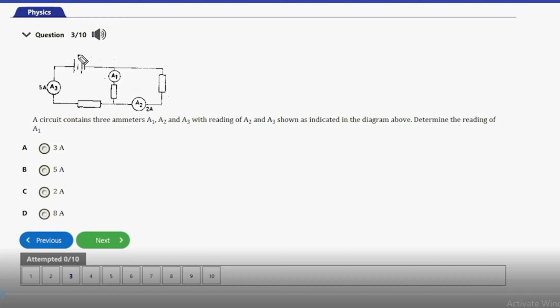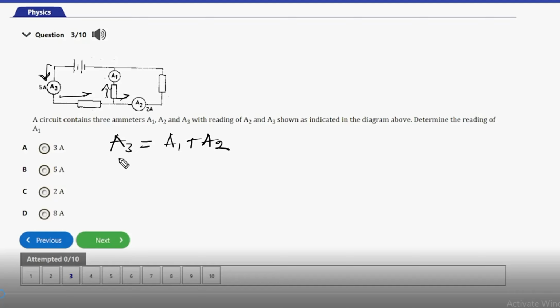So guys, if the current should flow this way, of course it will actually get here as 5 amps, then move towards here. So let's notice that the current will split this way and then get to A2 and then A1. So in order to consider what the current getting to A1 and A2 will be, it means that A3 will be equal to A1 plus A2.